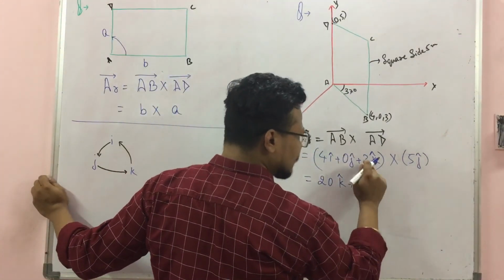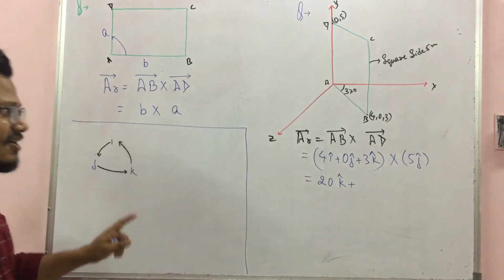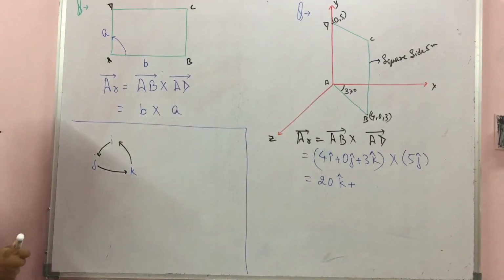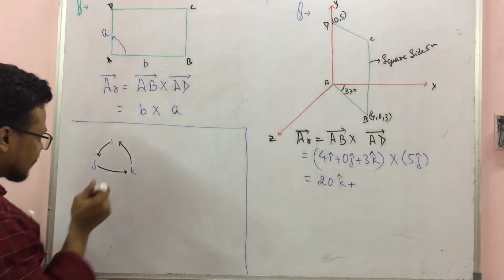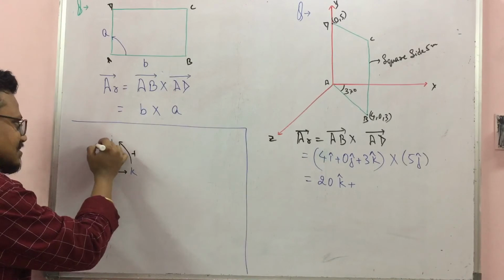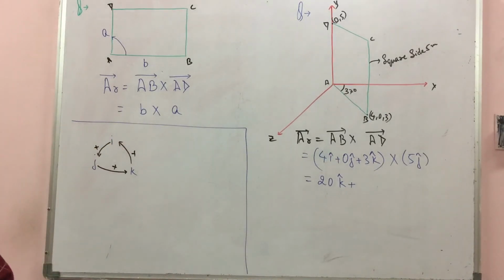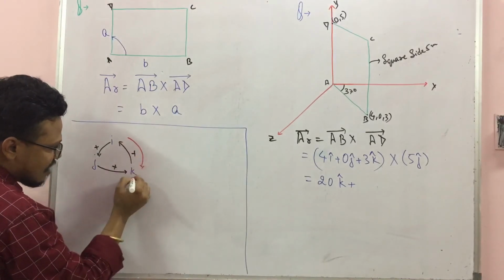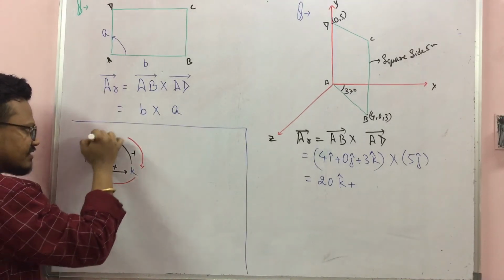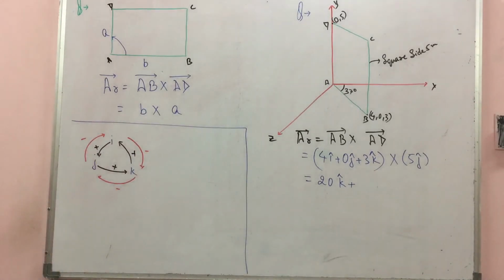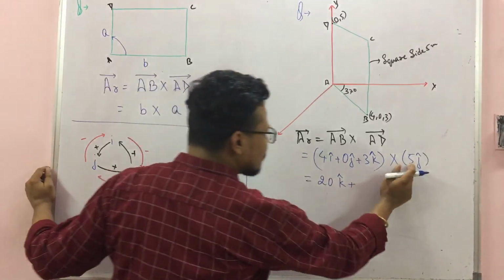Then what happens here? Plus 3k cross 5j. If you are moving in the same direction, the plus sign will come. If you are moving in the opposite direction, it will become minus. See now, what exactly happened? 5 threes are 15.